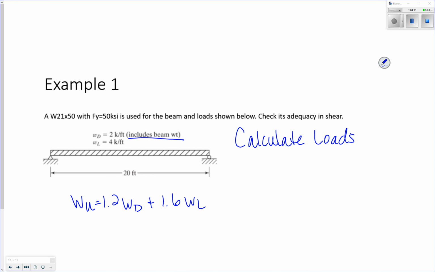I don't have to add that extra 50 pounds per linear foot. And what do I get?